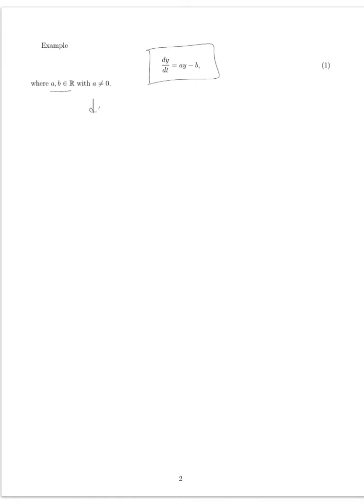So remember, we really liked the fact in the previous example that the right-hand side did not have the dependent variable. So I'm going to try to move, because a is not equal to 0, I can divide by a. I'm going to try to move the dependent variable to the other side.